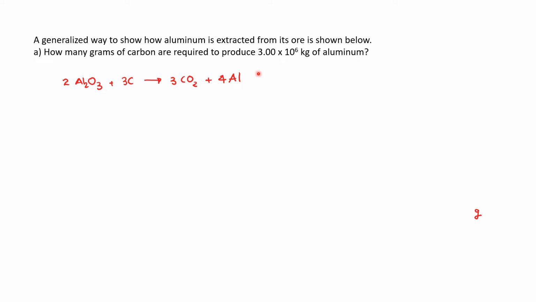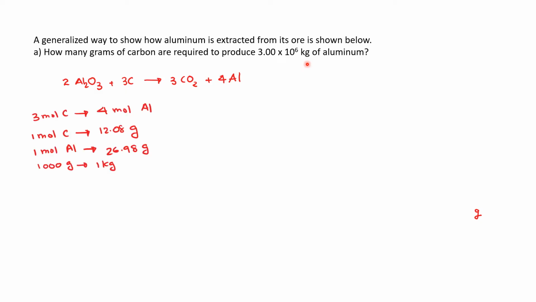A generalized way to show how aluminum is extracted from its ore is shown below. This is the equation you are going to use. How many grams of carbon are required to produce this much of aluminum? And it's given in kilograms. So you need to figure out the information you are going to need. By looking at the stoichiometric ratio, you can see 3 moles of carbon produce 4 moles of aluminum.